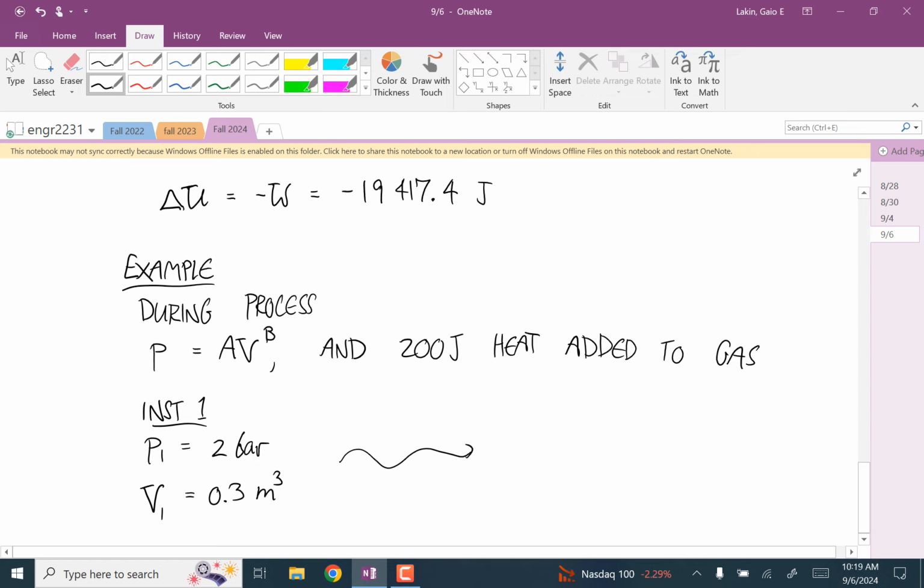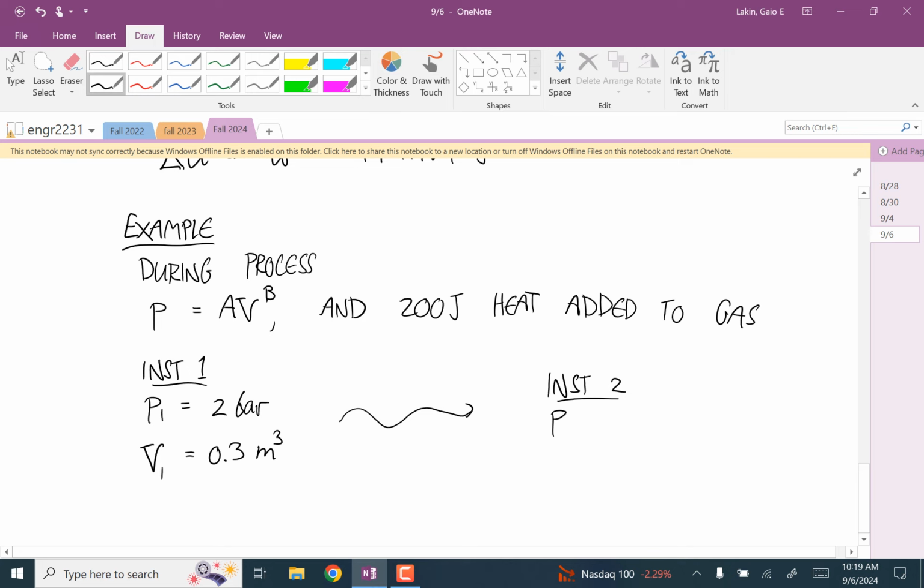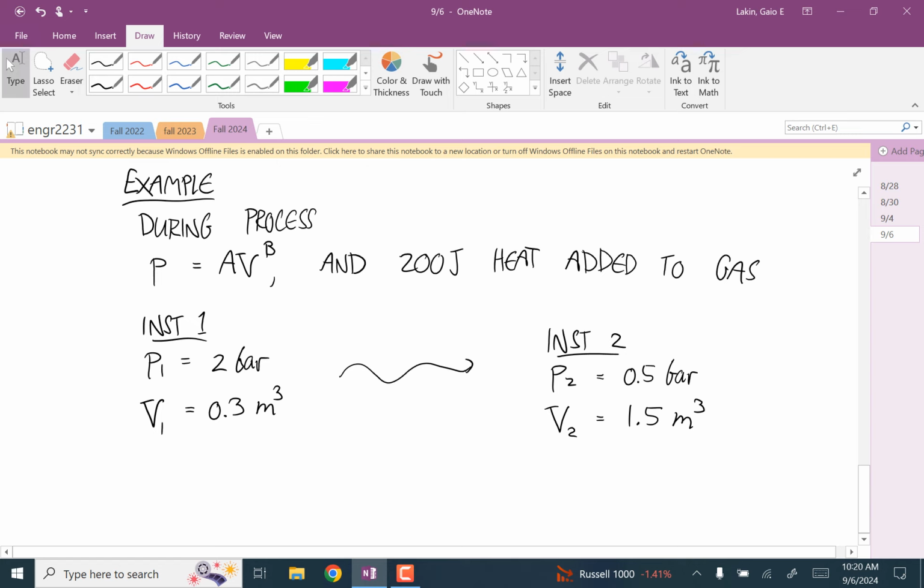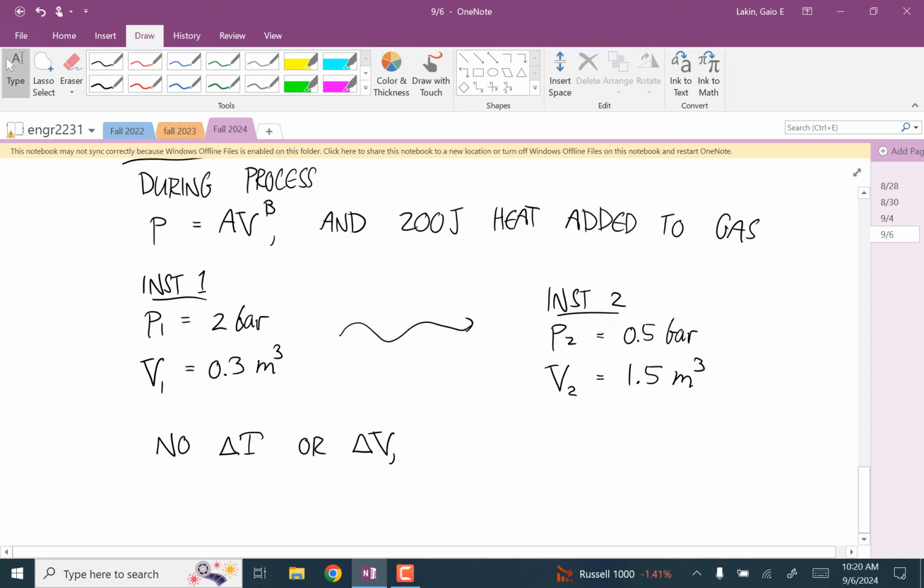And then the process happens, and at instant 2, the pressure is 0.5 bar, and the volume is 1.5 cubic meters. Assuming that there's no important change in kinetic energy or potential energy, what's the change in internal energy?